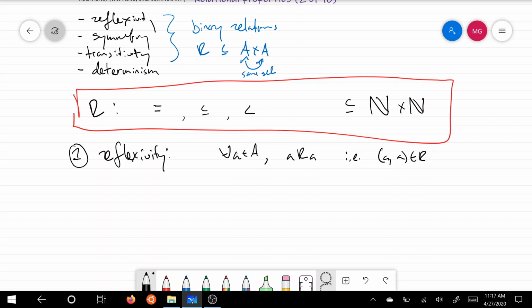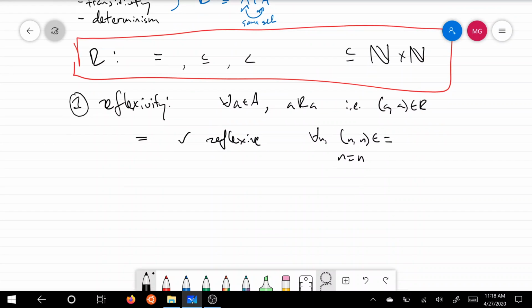That's what it means to be reflexive. Okay, so of these 3 relations, which are reflexive? Equal, yes, reflexive. Everything is equal to itself. That is to say, for all n, (n, n) is in the relation equals, or more clearly, n equals n. You know this from the Coq tactic, reflexivity.